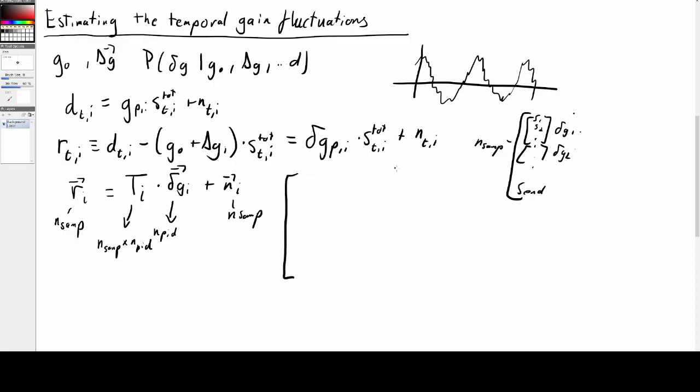Writing that down, we can arrange our signal in such a way that the first column here corresponds to the first PID, because this is an n_PID sized matrix in that direction and n_samp in that direction.